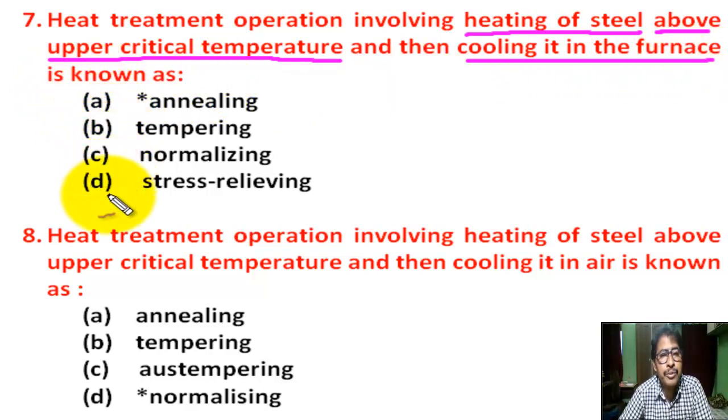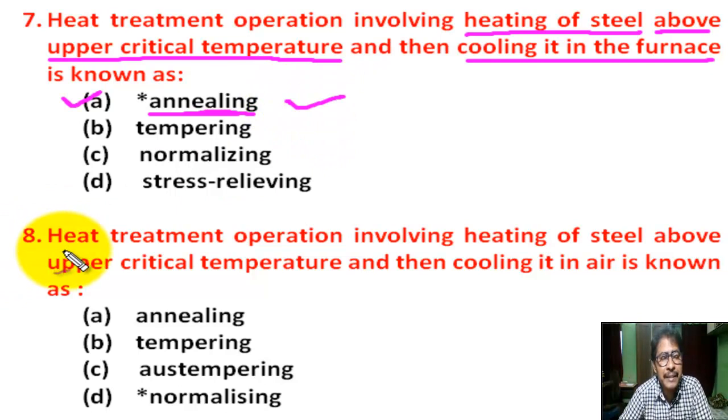There are 4 options. Correct answer is A. Heat treatment operation heating above upper critical temperature and then cooling it in the furnace is annealing.